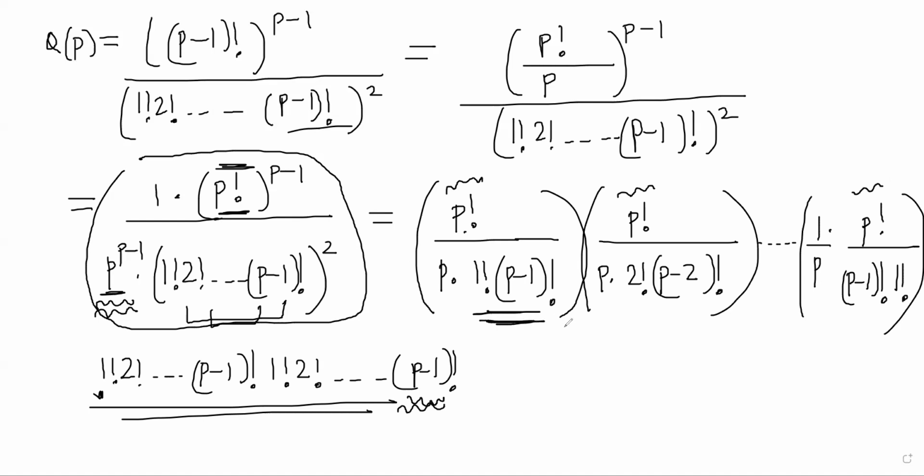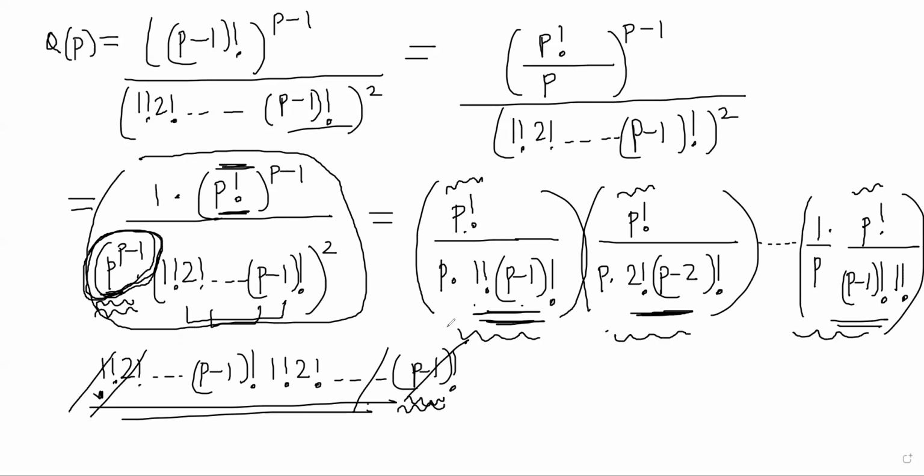I'm taking 2 terms from here, 1 factorial, p minus 1 factorial. So I can take this and I can take this. The total number of terms here is 2p minus 2. Again, 2 terms here, 2 factorial and p minus 2 factorial from here. And I'm going on like this, right? And every bracket has a 1 by p from here, and there are p minus 1 p's here, right? So you should understand that this is working out perfectly.